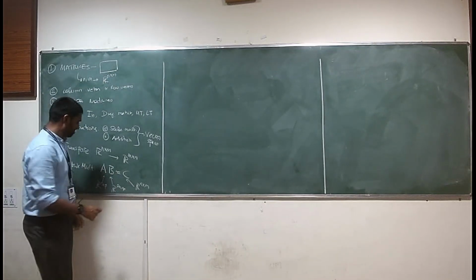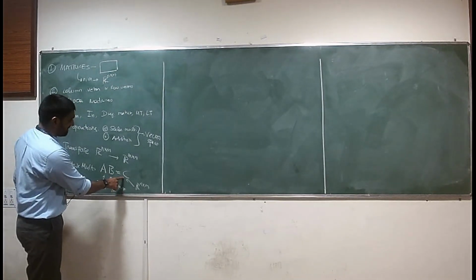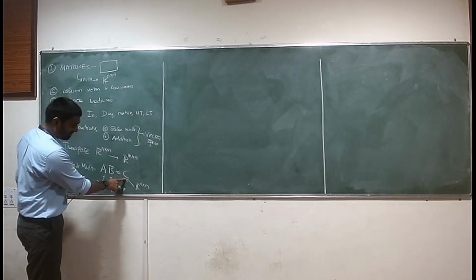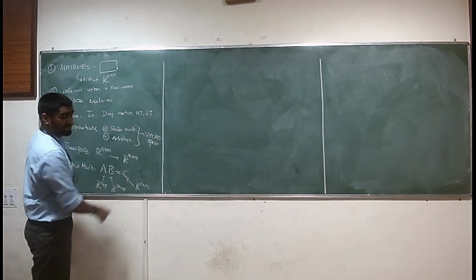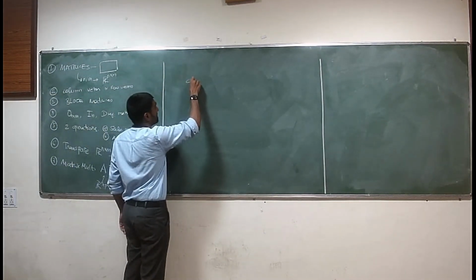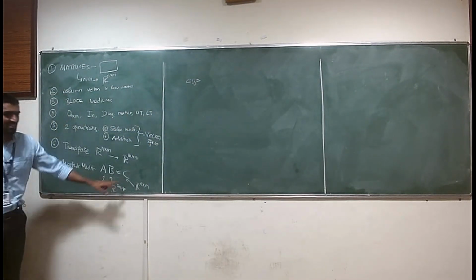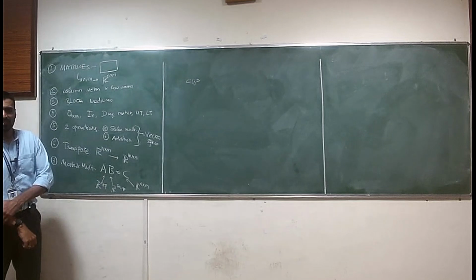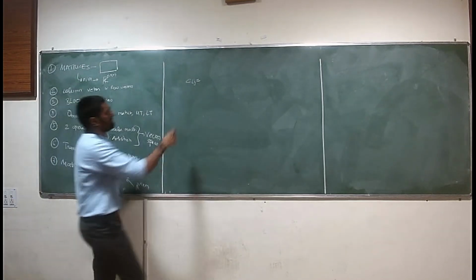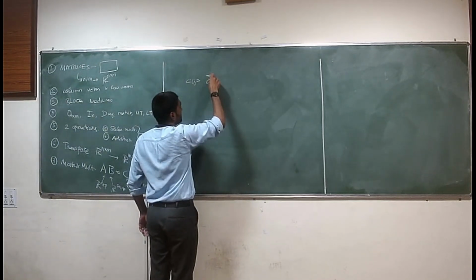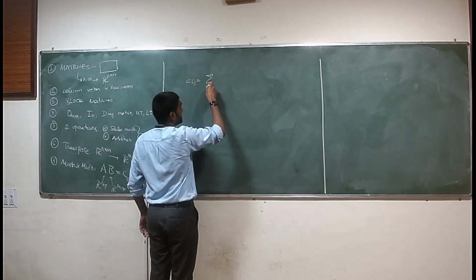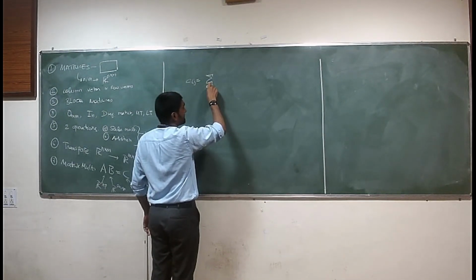And how do you express each element of the matrix C? What is the ijth element of this matrix C in terms of elements of A and B? Summation over what? K, some dummy index.